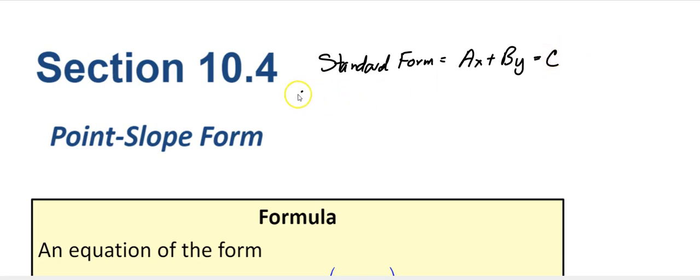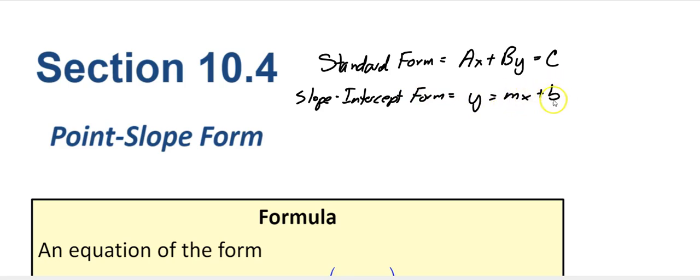Then we learned slope intercept form, and that is y equals mx plus b, this being your y intercept, and m being your slope.